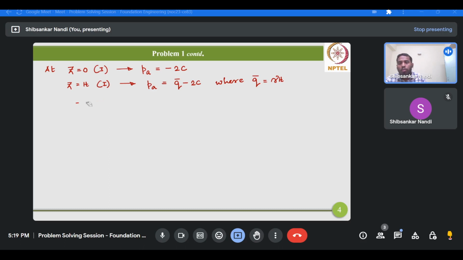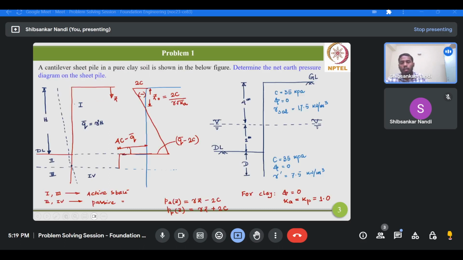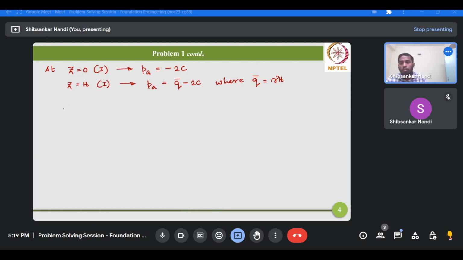I think there is no point to write this individual component, because as you can see very easily, the net earth pressure at this dredge level would be 4C minus q bar. And how? Because at Z equals H, for region 1 I have already written q bar minus 2C, and for region 2 it will be better to write at DL.